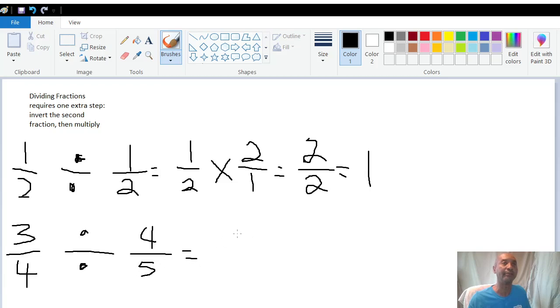So 3/4 stays the same. And we extend that. This is going to be 3 times 5 divided by 4 times 4. And that's going to equal 15 over 16.